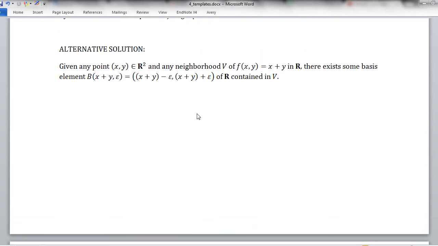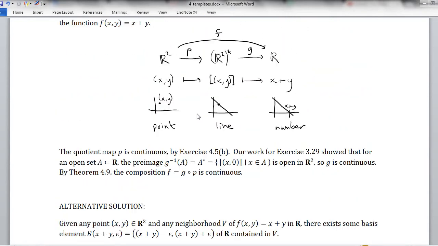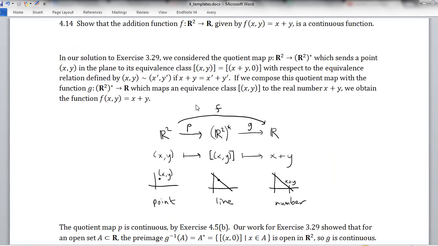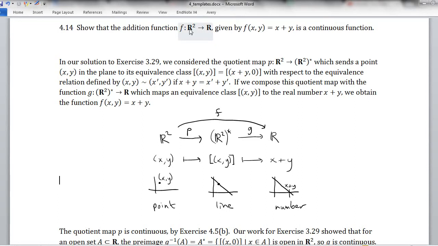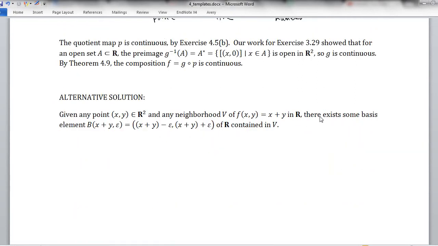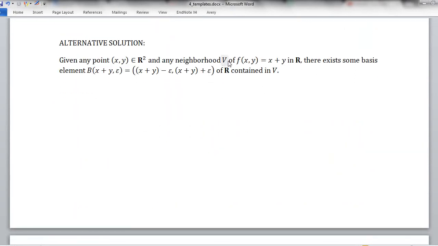Given any point (x, y) in R2, in the domain of my function f, and any neighborhood V of the image of (x, y) under f, which by the way is x plus y, in the real numbers.